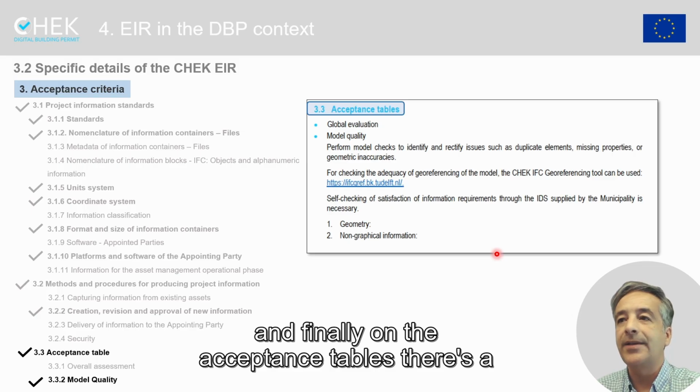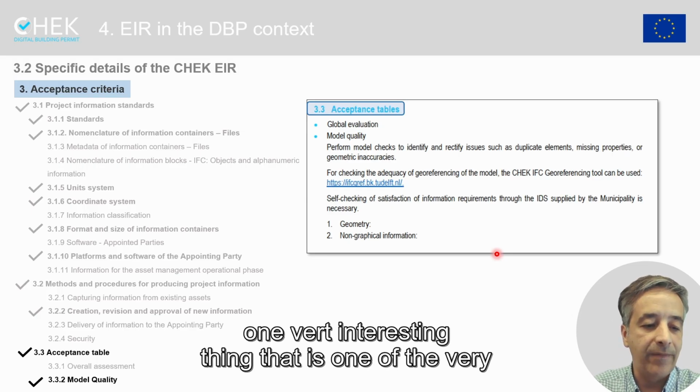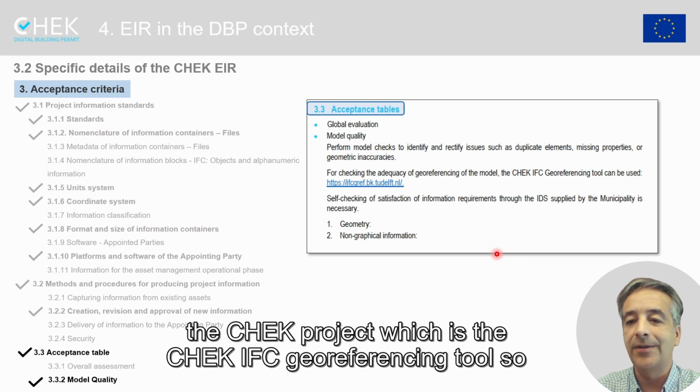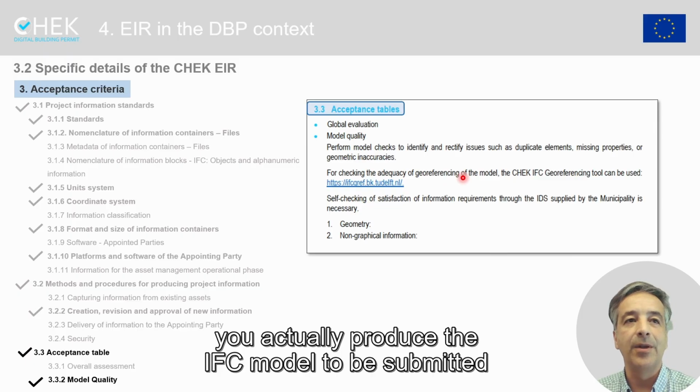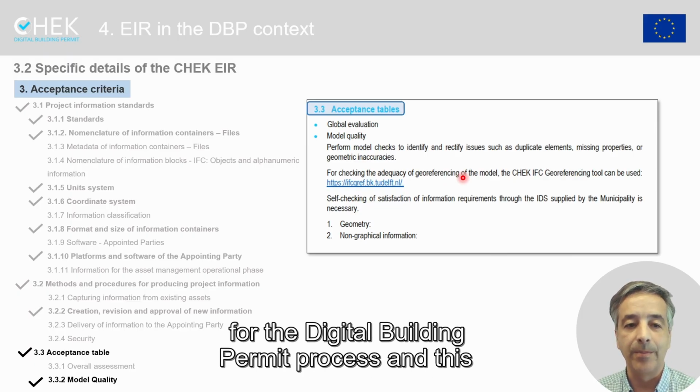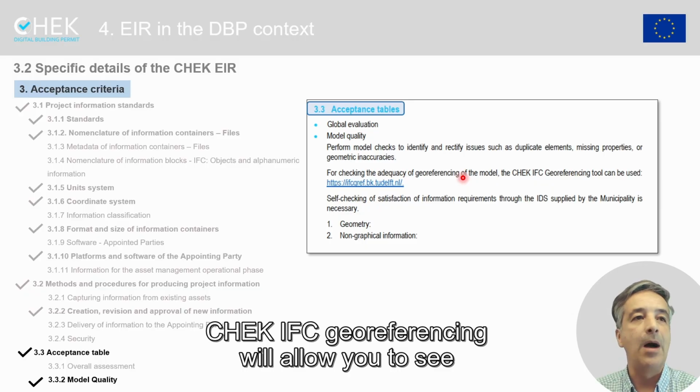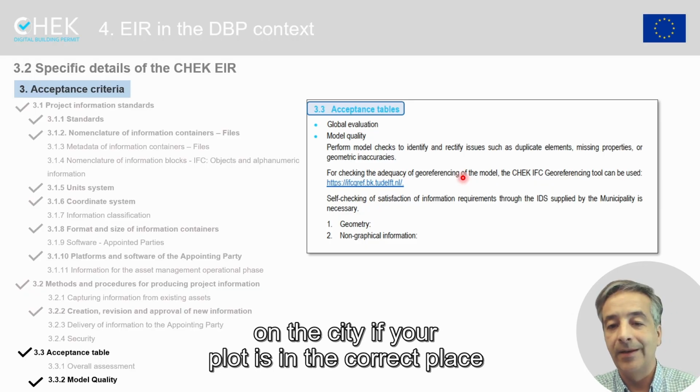And finally, on the acceptance tables, there's one very interesting thing, one of the tools that was developed within the CHEK project, which is the CHEK IFC georeferencing tool. So you produce the IFC model to be submitted for the digital building permit process, and this CHEK IFC georeferencing will allow you to see on the city if your plot is in the correct place, for example.